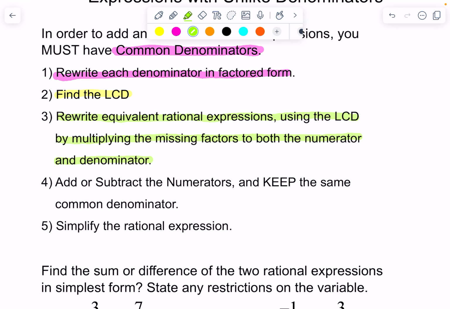Step 4, you want to then add or subtract the numerators and keep the same denominator. And step 5, last but definitely not least, you want to simplify the rational expression that you're left with. So let's get to some learning.